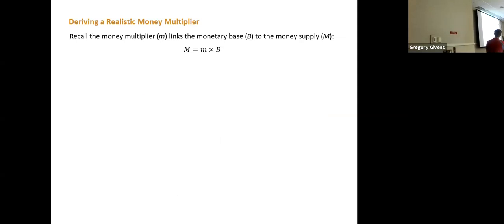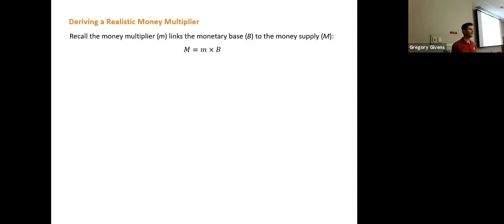The money supply, which I'm going to denote with a capital M, is equal to the monetary base, which I'm going to denote capital B, times the money multiplier. Remember that slide at the beginning of this section that had those three boxes? The money supply was equal to the monetary base times the money multiplier. That's this equation here. The money multiplier is what links base money to the money supply.